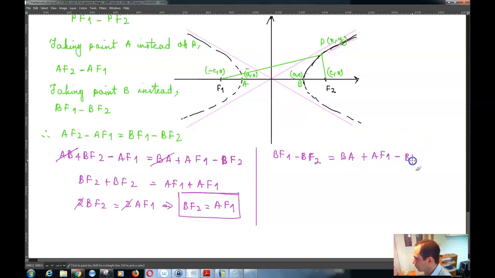You know that BF2 is equal to AF1. So since this is AF1 and negative BF2, you can cancel them out.